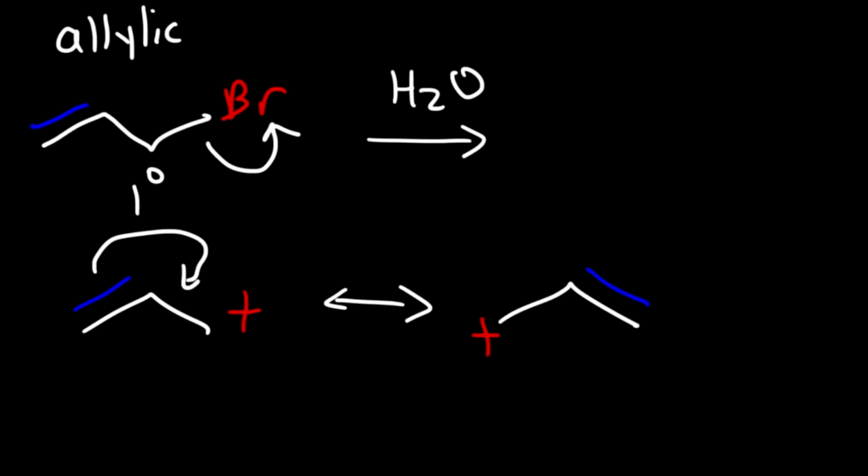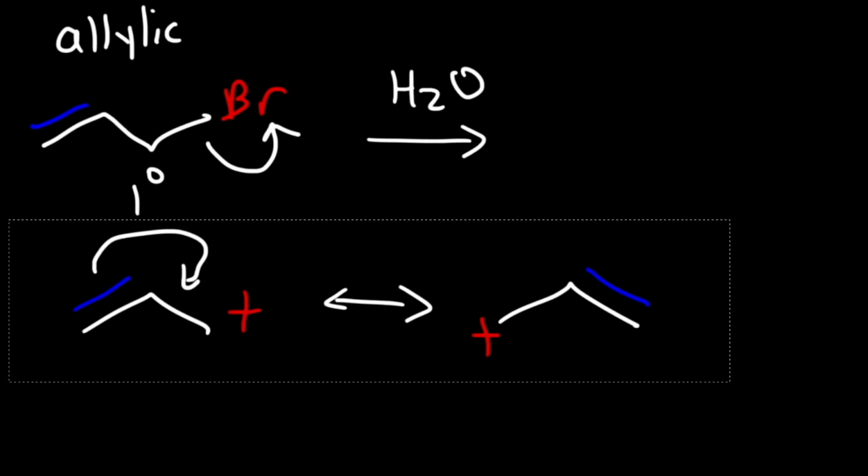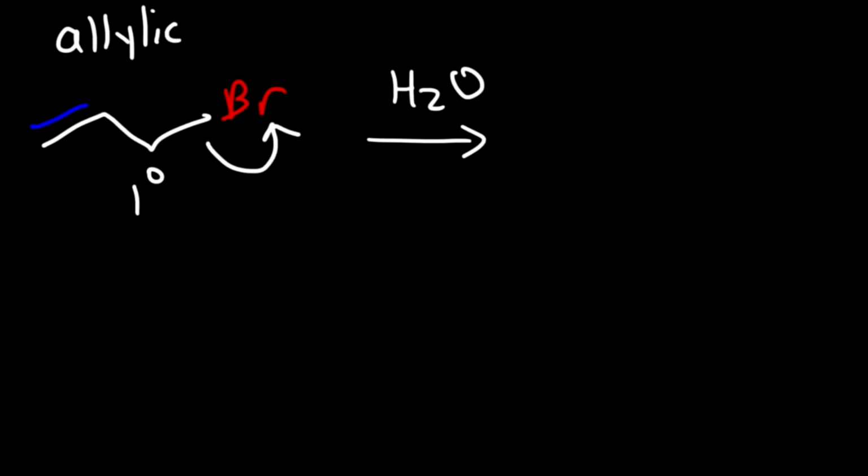The key to the SN1 reaction, in determining if it's going to occur or not, comes down to the stability of the carbocation. If we can't form a stable carbocation, the SN1 reaction is not going to work. If we can, then it will work. So for the allylic alkyl halide, because we can form a stable primary allylic carbocation, the SN1 reaction can work for this example.